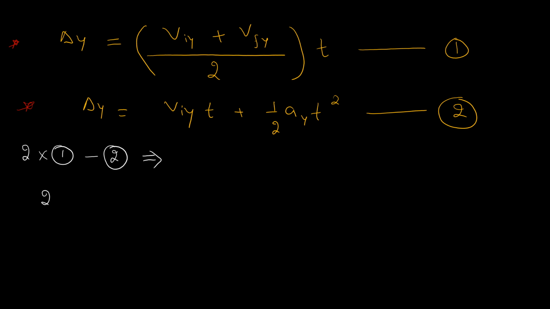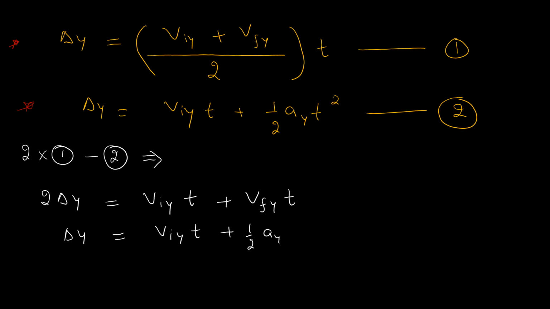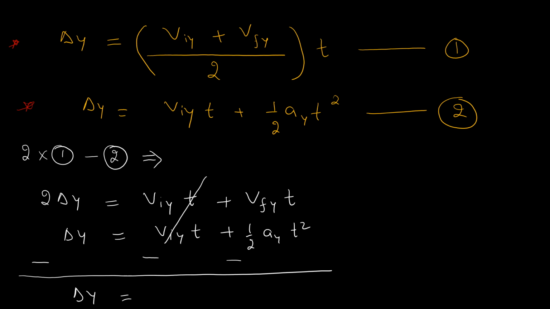That means we have 2 delta y equals viy times t plus vfy times t, and we subtract the second equation, which is delta y equals viy t plus half ay t squared. So subtract, and we get delta y equals, these viy t terms cancel out and we are left with vfy t minus half ay t squared.